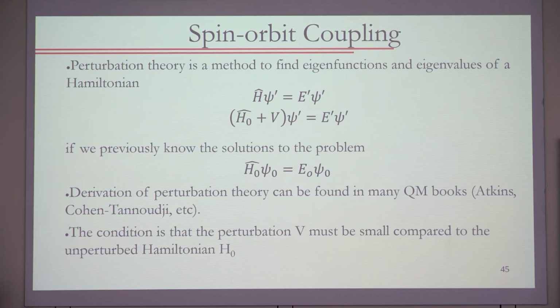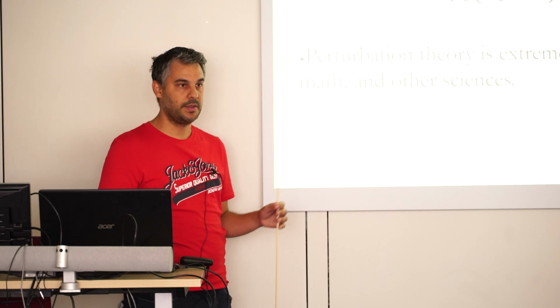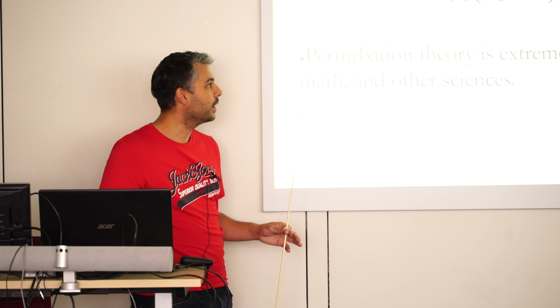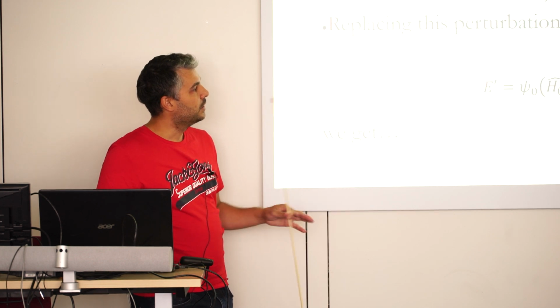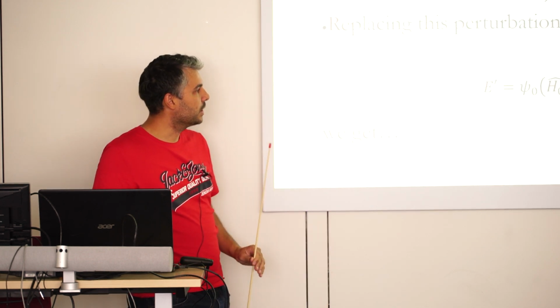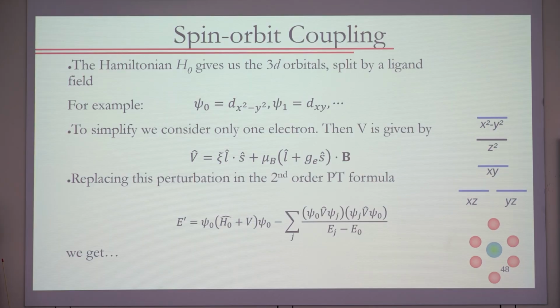Okay, this I'm going to skip. The way to calculate how this affects the G values of the electron is through perturbation theory. But I'm going to skip all this because last time people were looking at me weirdly. You can replace things and so on, it's not that hard actually.